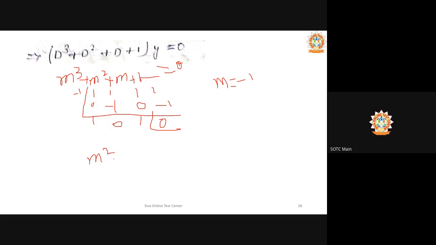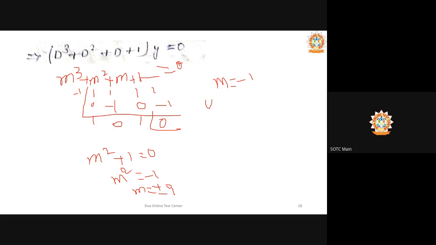There is no m term here. Then plus 1 is equal to 0. So from this m square will become what? Minus 1. What will m become? Plus or minus 1. Plus or minus? Minus is there, right? So plus or minus i, sir. Right. So here one root is minus 1.